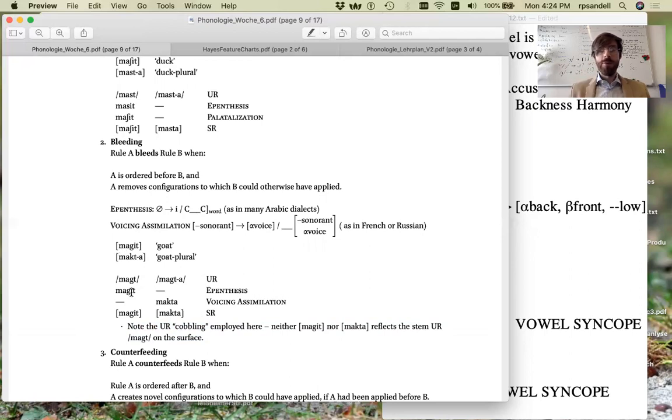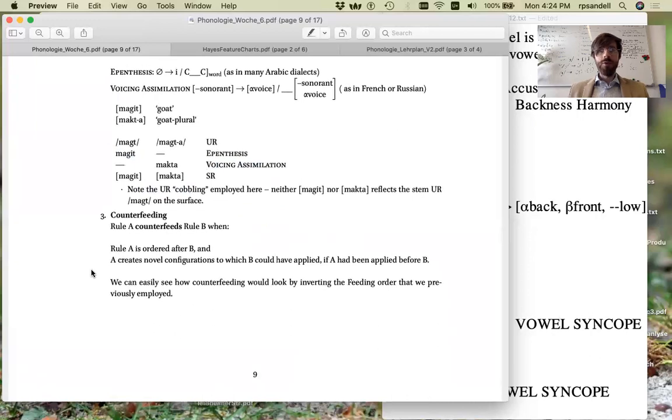We need to both remove the vowel E, which is due to the epenthesis rule, and find the correct value of the voicing of the velar stop, which only is found if epenthesis has applied. Because if epenthesis applies, it can remove the conditions for voicing assimilation by breaking up that cluster of consonants.